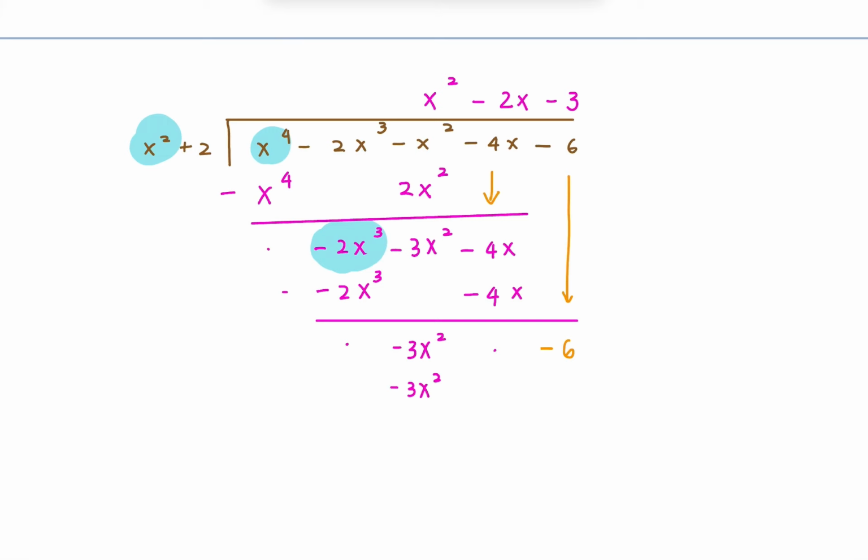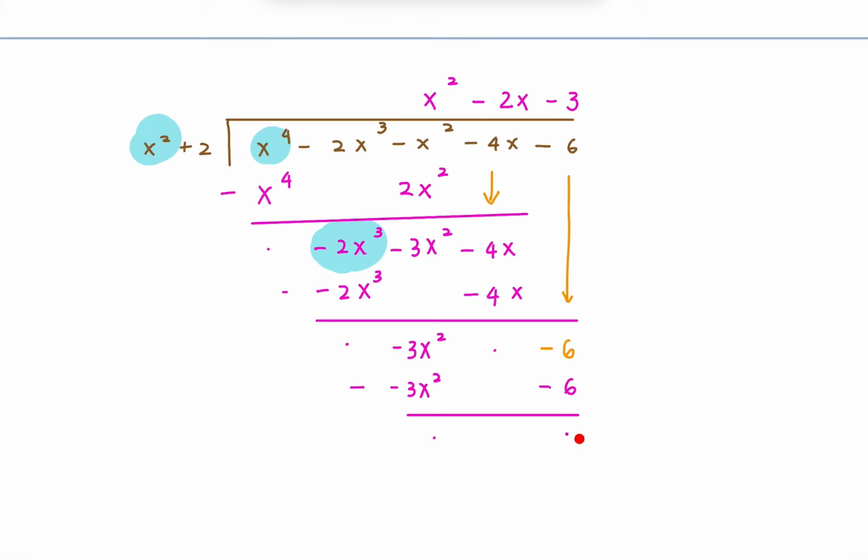So the last answer, minus, 0 and 0. The last answer must be 0. Why 0? Because this divisor comes from the two factored forms in the question just now. So your last answer here should be 0. If you get other numbers other than 0, make sure you check back your calculation.